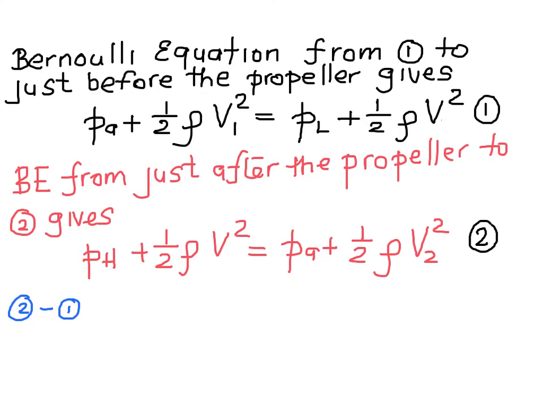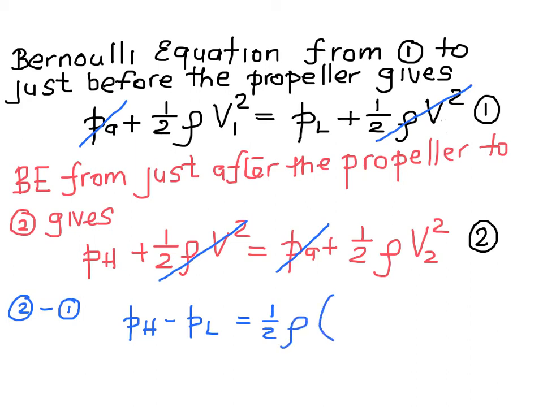As you can see, the PA will cancel out, the half rho V squared will cancel out, leaving PH minus PL is equal to half rho (V2 squared minus V1 squared).